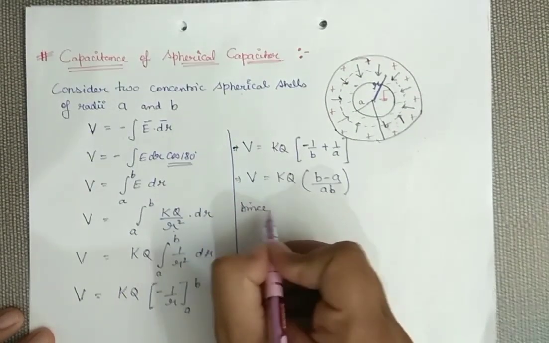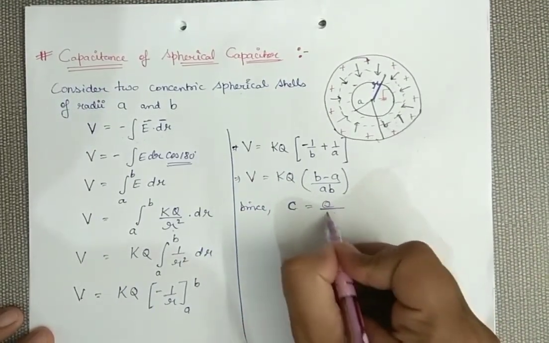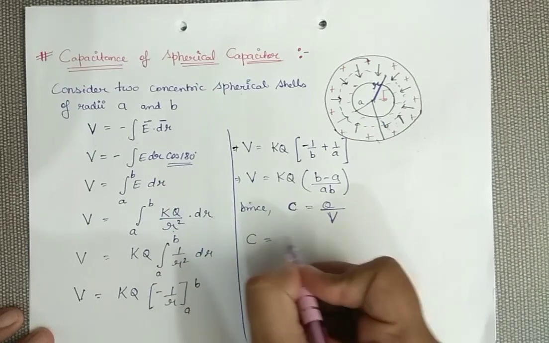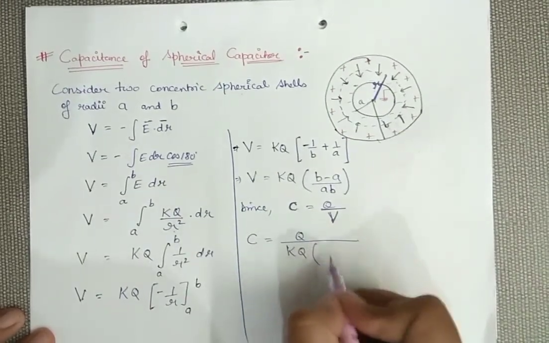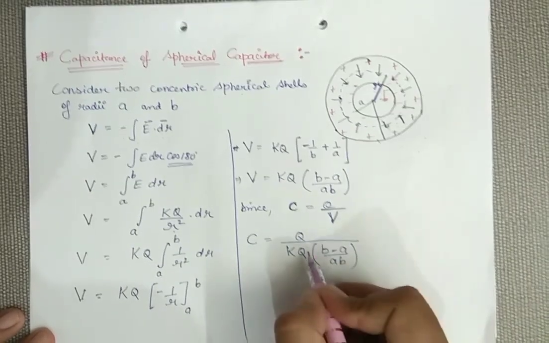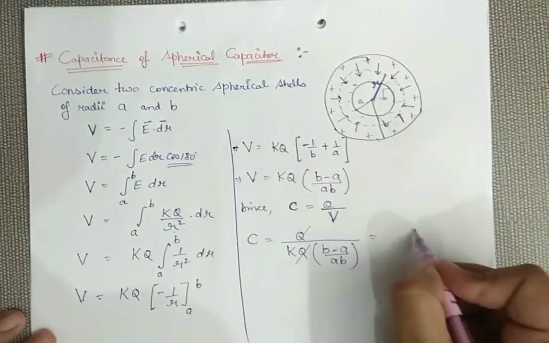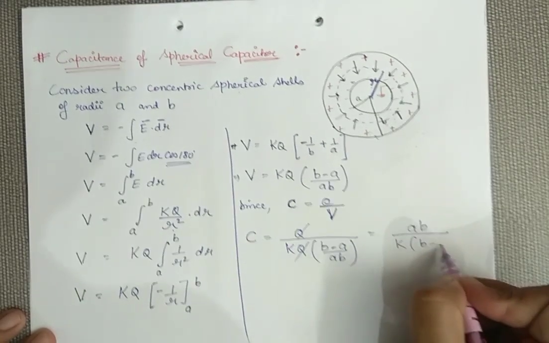Now since capacitance C is written as Q by V, just substitute the value of potential, that is kq times of (b minus a) upon ab. Q cancels out with Q. So your answer will be ab upon k times of (b minus a).